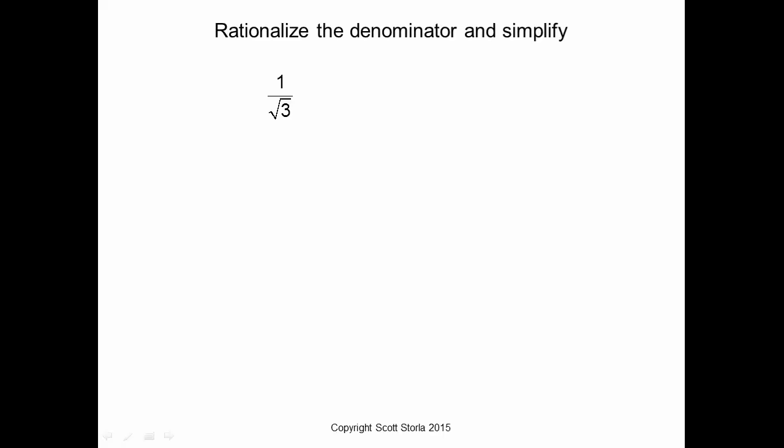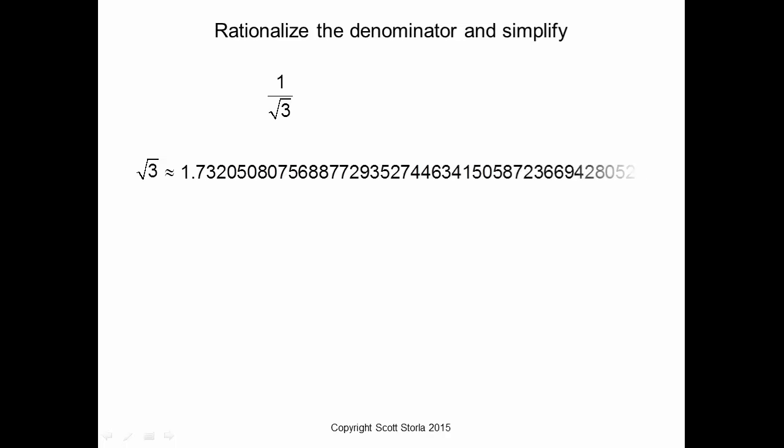If we try to represent it, say, as a decimal, here's the first few digits. When we say we can't write it as a fraction, what we mean is that it's not exactly equal to, say, 17 over 10. It's not exactly equal to 173 over 100.